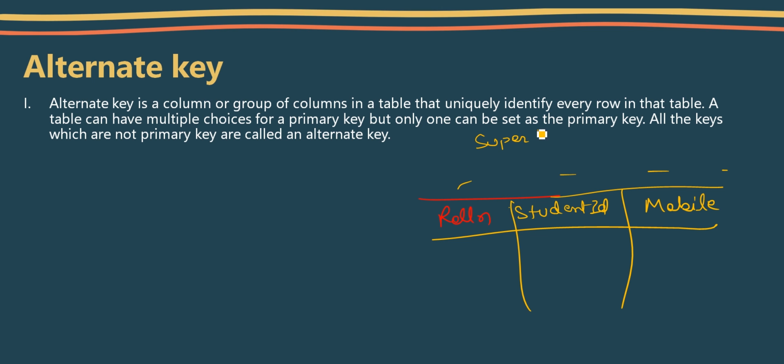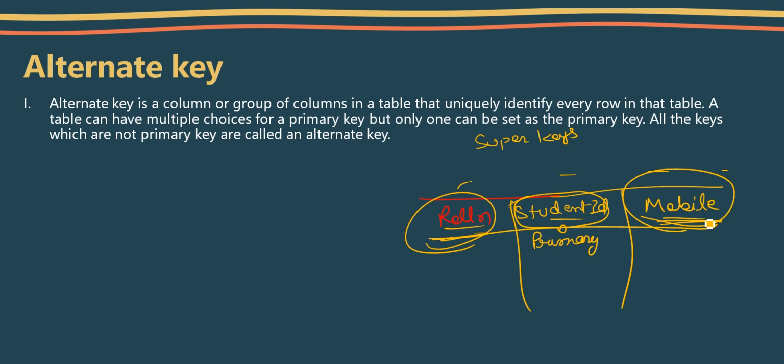Super keys, because all three of these columns can be used to uniquely identify each and every student. So these are termed as super keys. Now I have selected student ID as a primary key. Okay. Now two columns are left which are not selected as a primary key. So what will these columns be termed as? These columns will be termed as alternate keys.